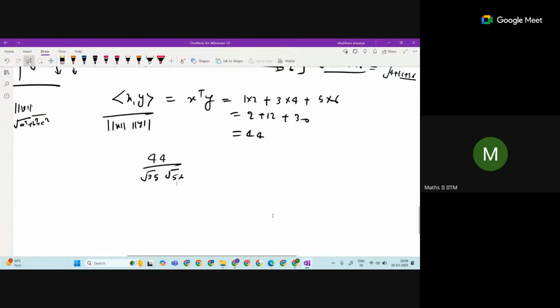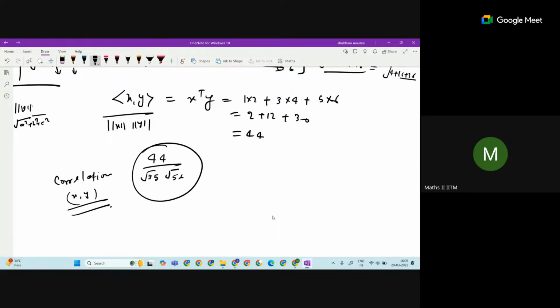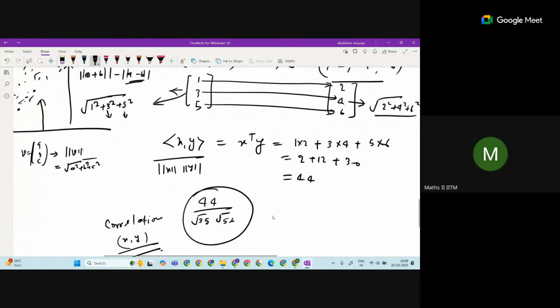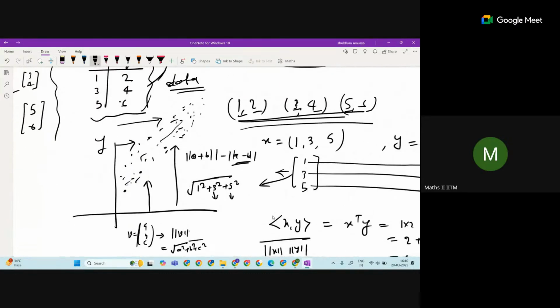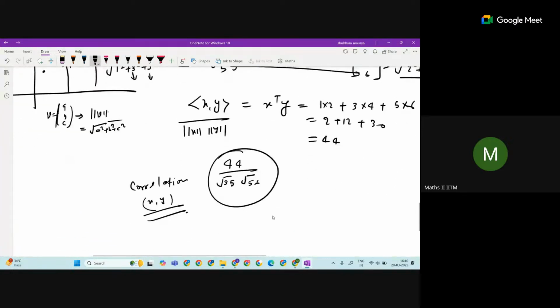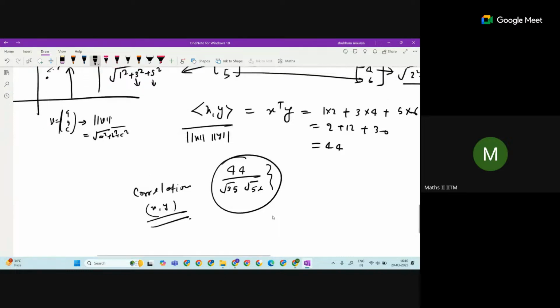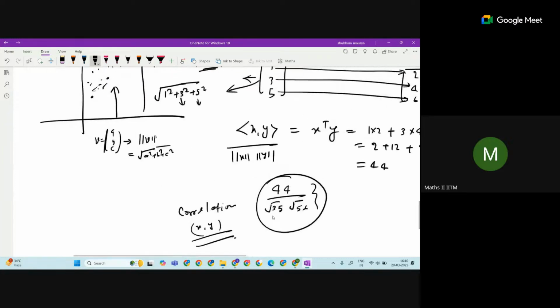So whatever real number we got, this is called the normalized correlation between x and y. In the real world, this number tells you if it is more inclined to one side, then it is more related.